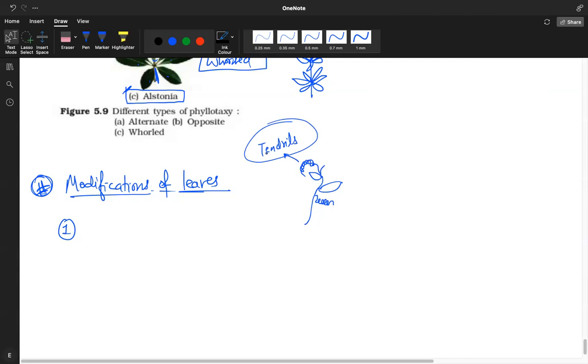Some plants have tendrils. Like in peas. So in a pea plant, you will have tendrils.